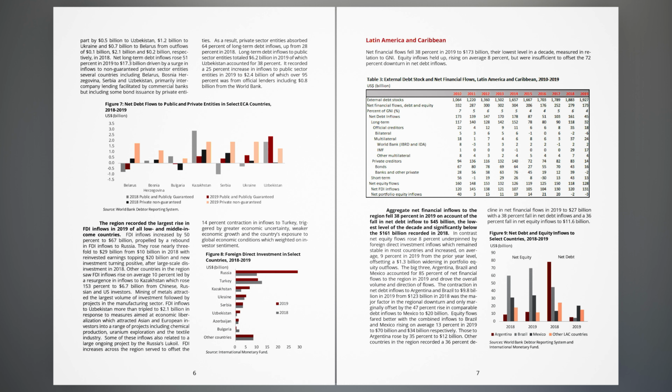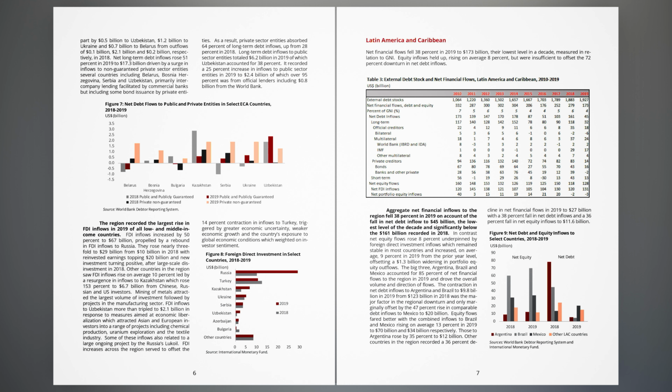Other countries in the region saw FDI inflows rise on average 10%, led by a resurgence in inflows to Kazakhstan, which rose 153% to $6.7 billion from Chinese, Russian and U.S. investors. Mining of metals attracted the largest volume of investment, followed by projects in the manufacturing sector.